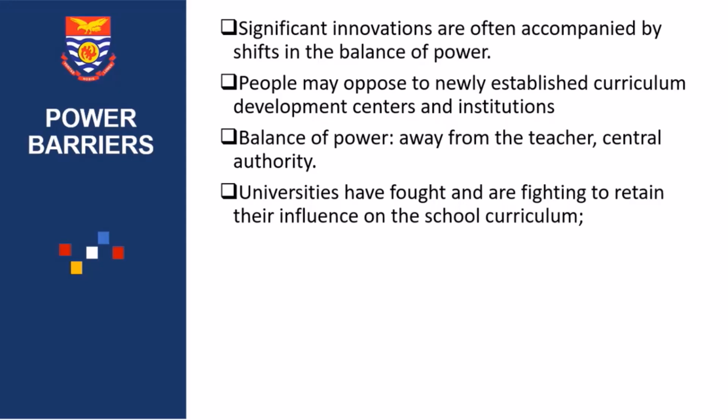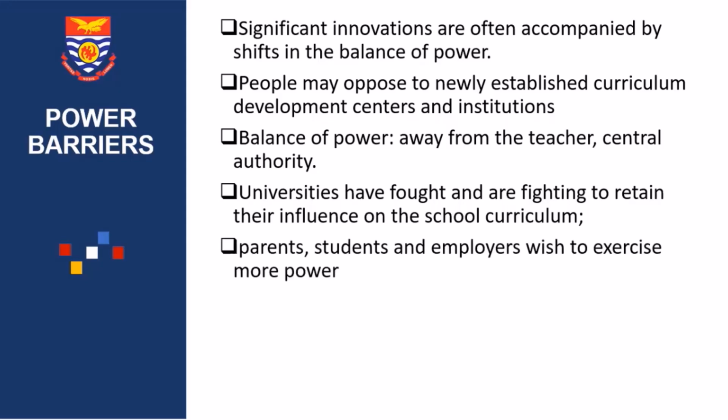Parents, students, and employers wish to exercise more power. So everybody is fighting for some sort of power to be able to have a say in curriculum development, and all these things can be classified as power barriers.